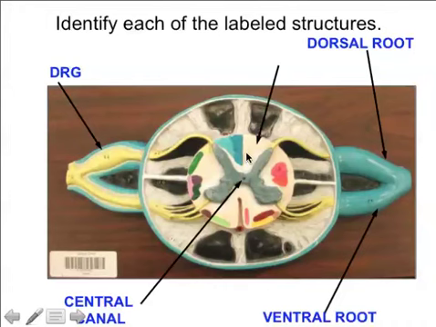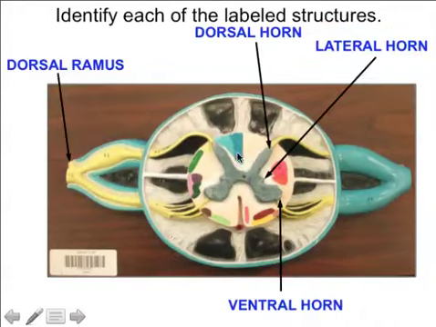Okay, moving on. More structures here. This is the dorsal ramus. Okay, this is going to branch out and head to innervate structures that are on the posterior body wall. Okay, this is the dorsal horn of the gray matter. This is the ventral horn of the gray matter.